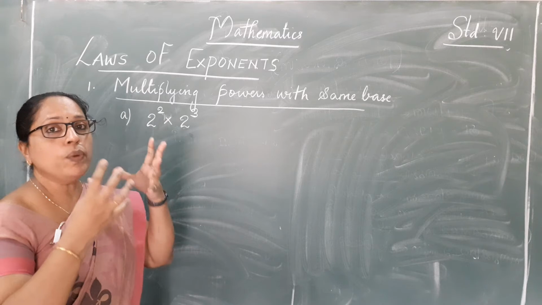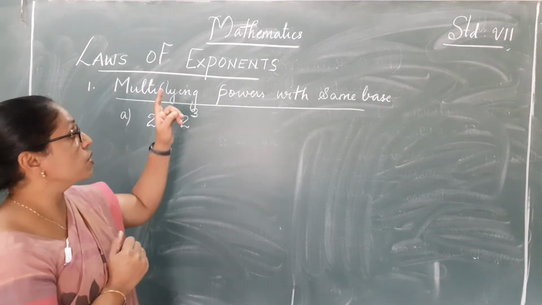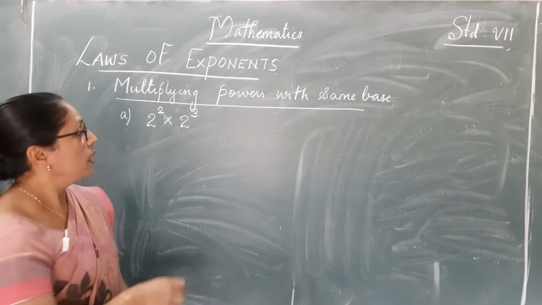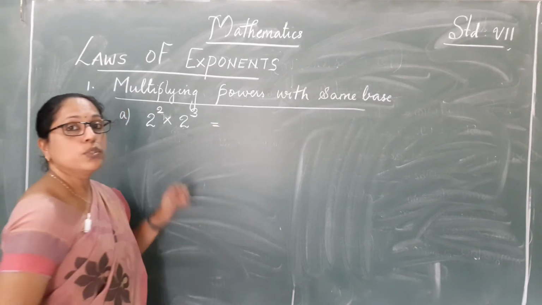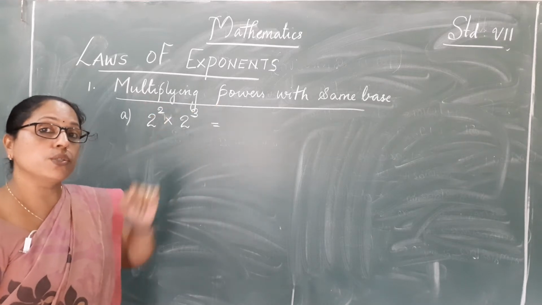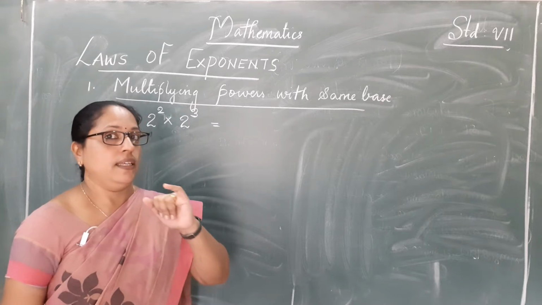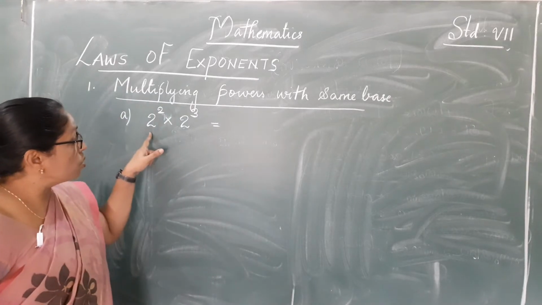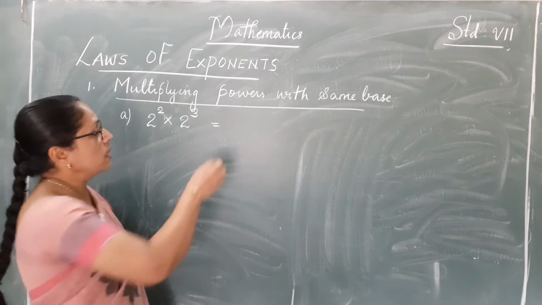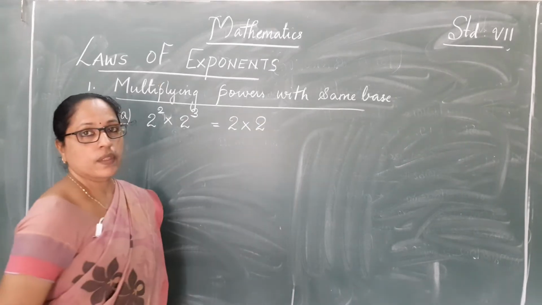So how can we solve this problem in a very quick way? For that we are going to learn the law. First law. Now, as you all know, what is the meaning of 2 raised to 2? Yes, multiplying 2 two times, so 2 into 2.